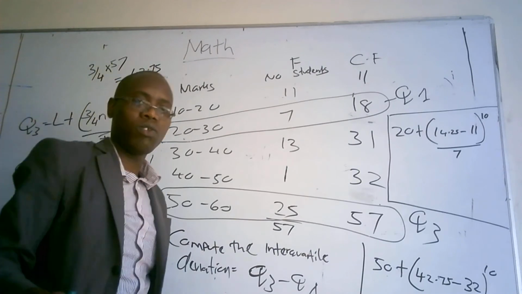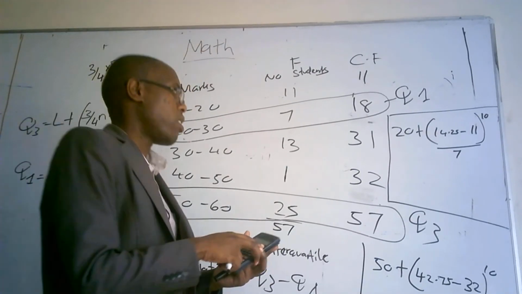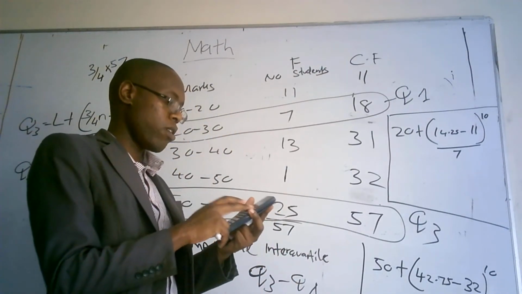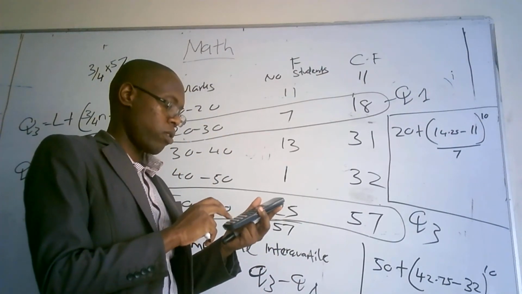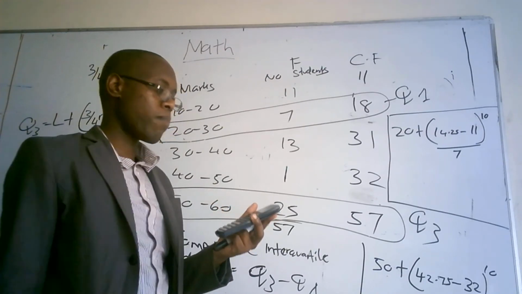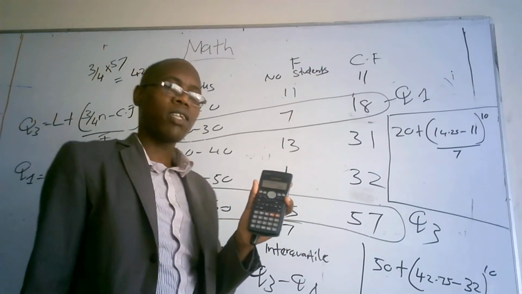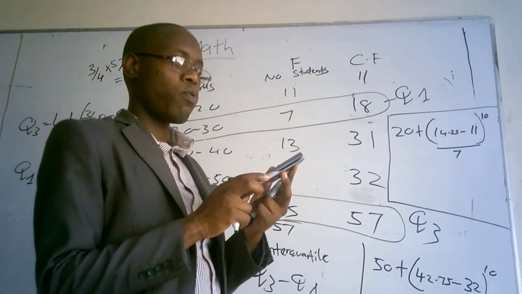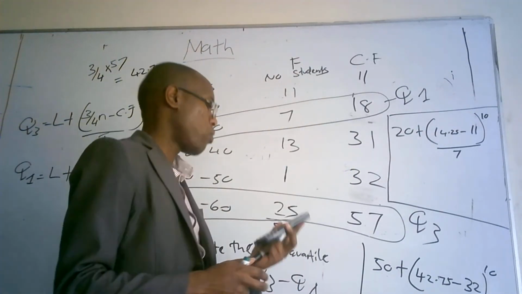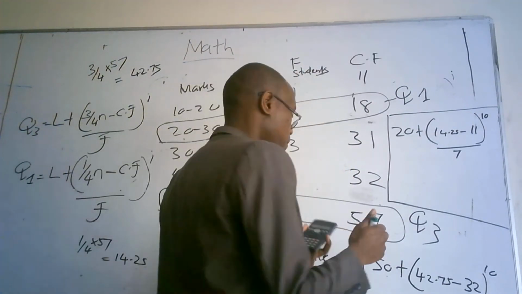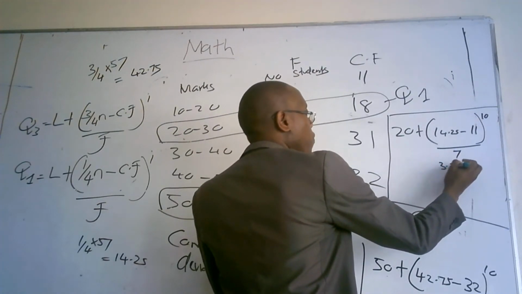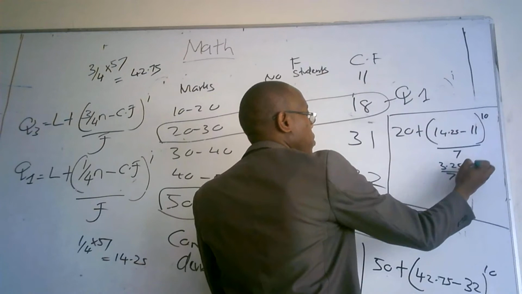So you just take your calculator and then start with the bracket as per the rule of BODMAS. So it will be 14.25 minus 11. So 14.25 minus 11, you will get the answer to be 3.25. Then write 3.25 over 7 times 10.